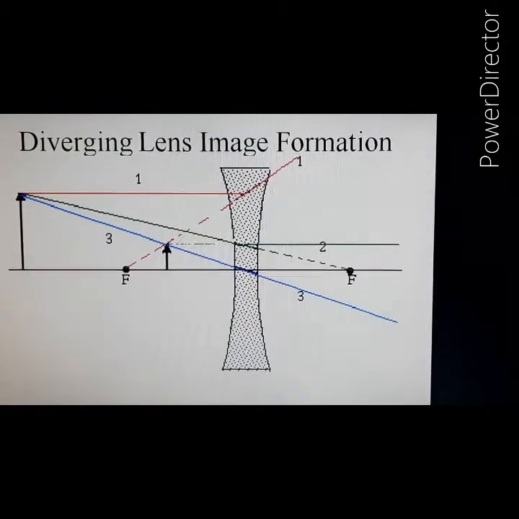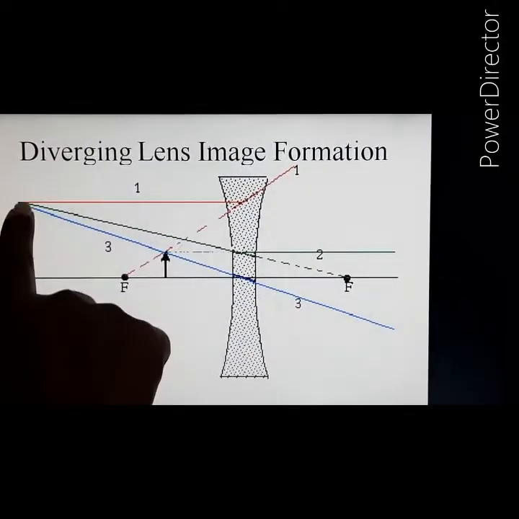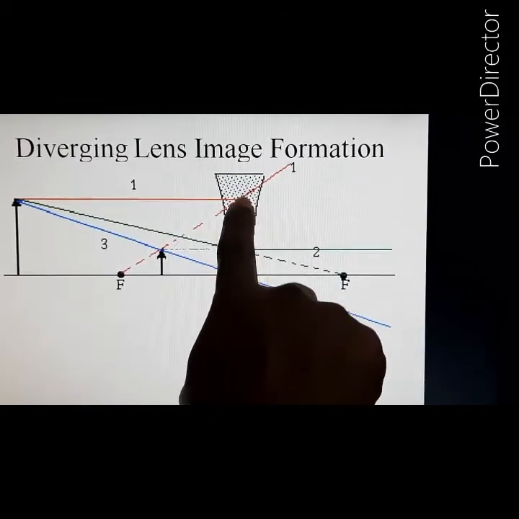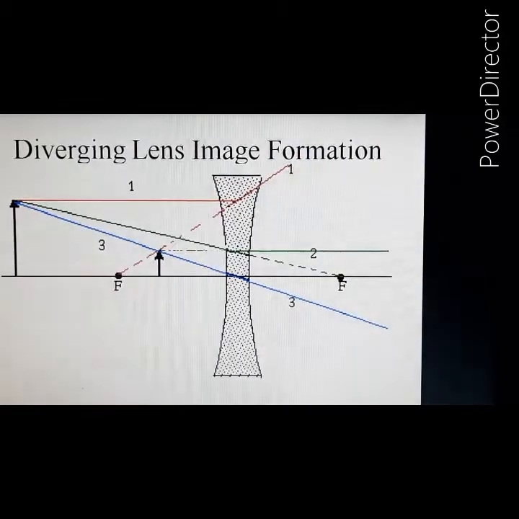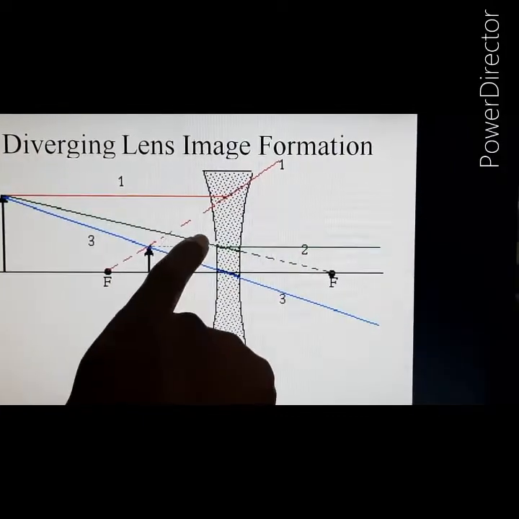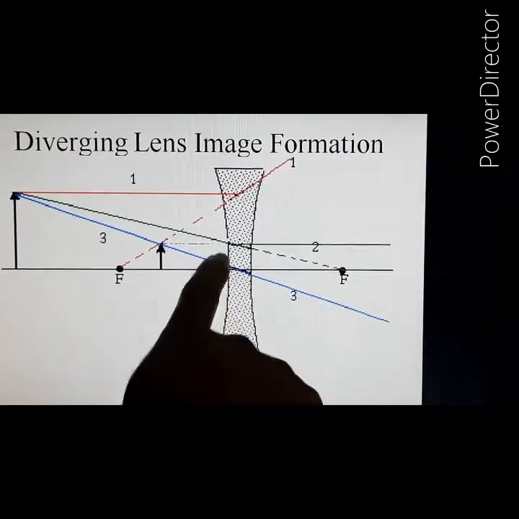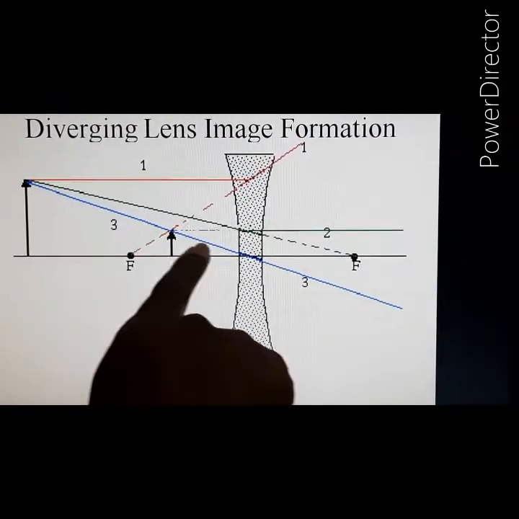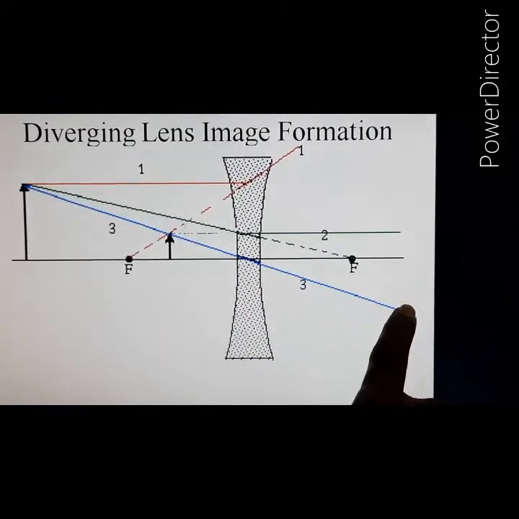Okay, you can see one image diagram. The light ray which is passing from the object straight, parallel to the principal axis, has diverged. And one light ray which is passing toward the focus can be extended back like this. And the light ray which is passing through the optic center is going straight.